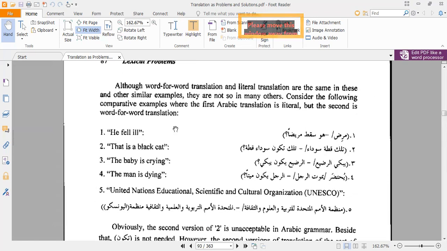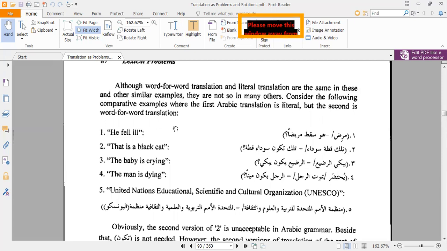طيب some expressions like he fell ill. منقولش سقط مريضا، طبعا احنا بنقول مرض. Why? Because ill is an adjective in English. It has no lexical item that can denote its usage.